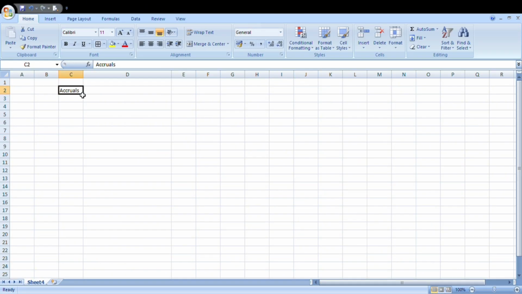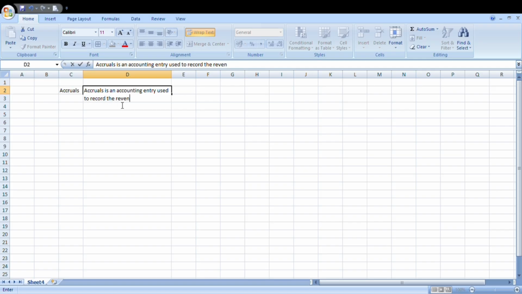Accrual is an accounting entry. It is used to record the revenue or expenses.